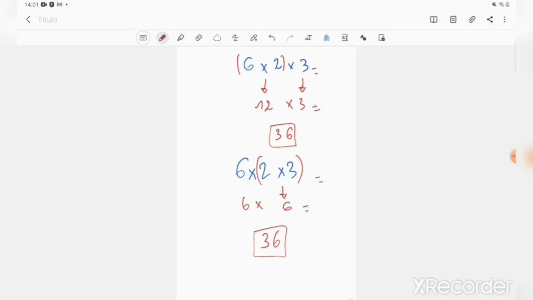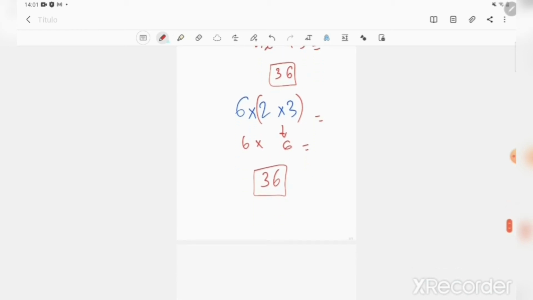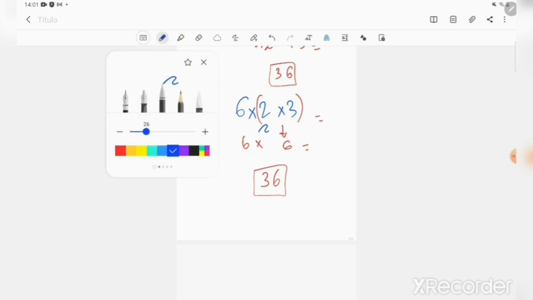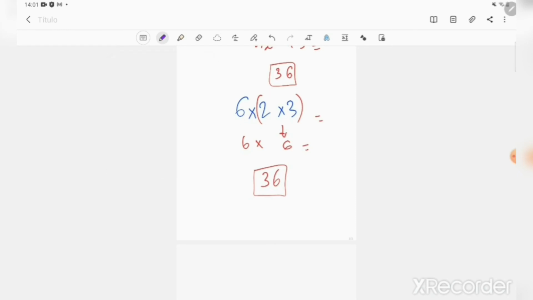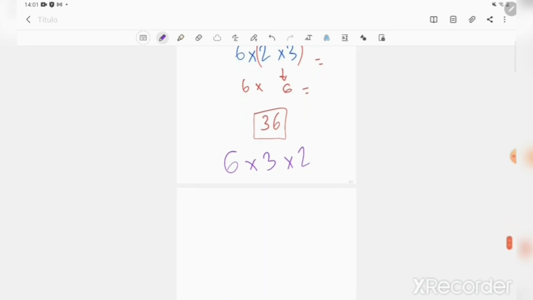Also, here you have the third option, that is multiply 6 by 3, and then by 2. 6 multiplied by 3 is 18, multiplied by 2 is 36. You see, this is how the associative property of multiplication works.